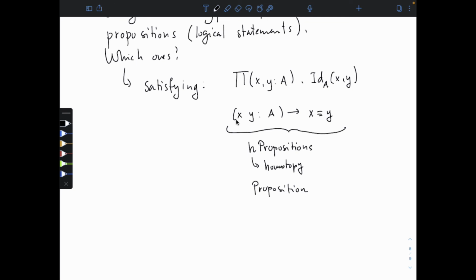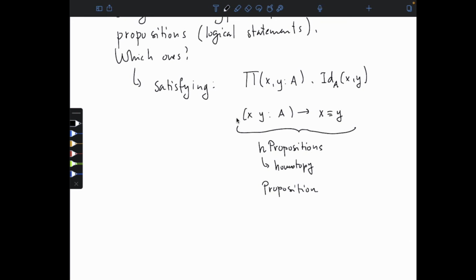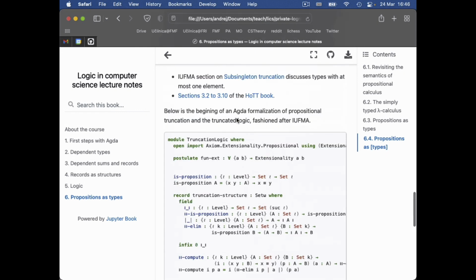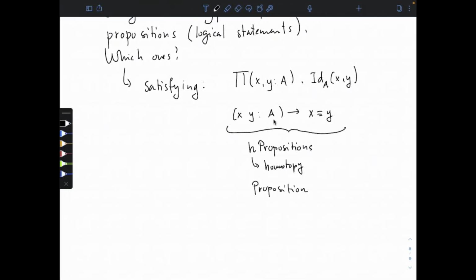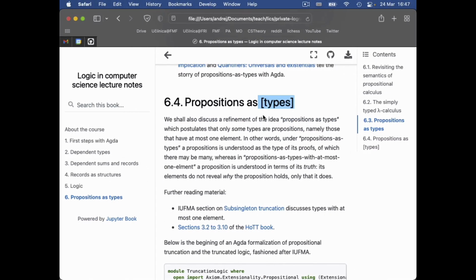But this is the idea. There is a precursor to this homotopy type theory business, in which truncation was written with bracket types, and so this also sometimes goes as propositions as bracket types.